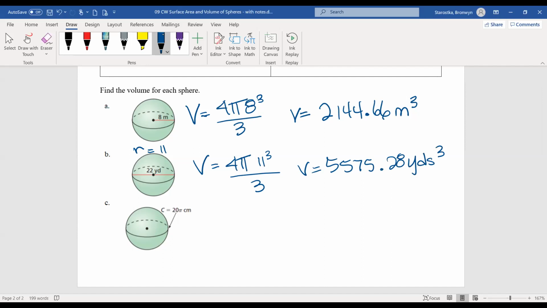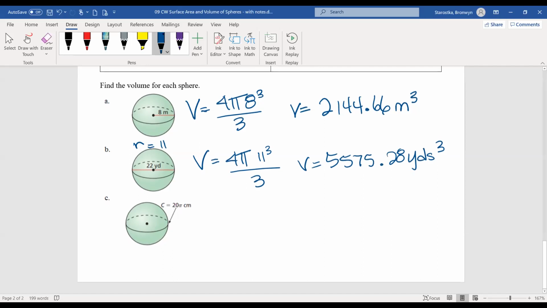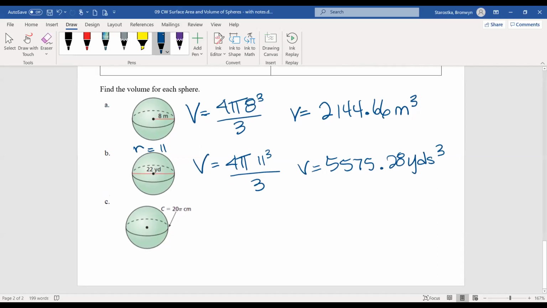For the third one, they gave us the circumference. When we work backward, remember, circumference is 2 pi r. Set 2 pi r equal to 20 pi, and we get a radius equal to 10.